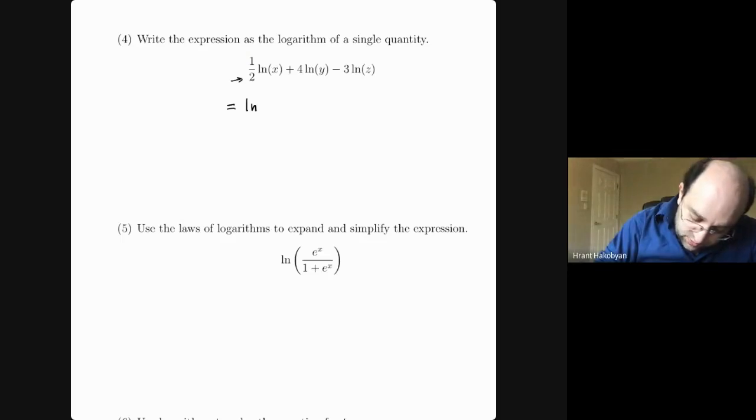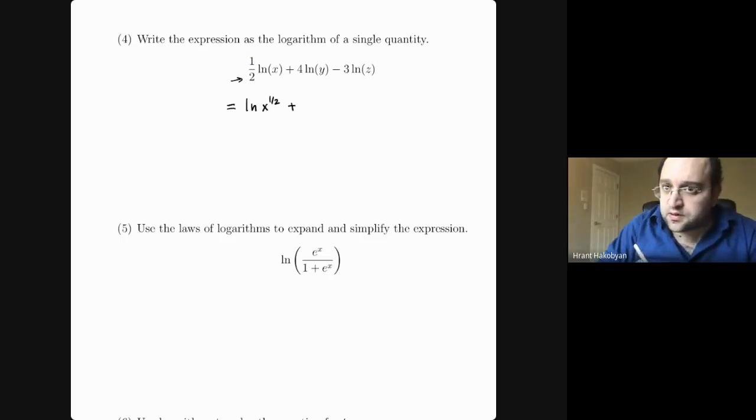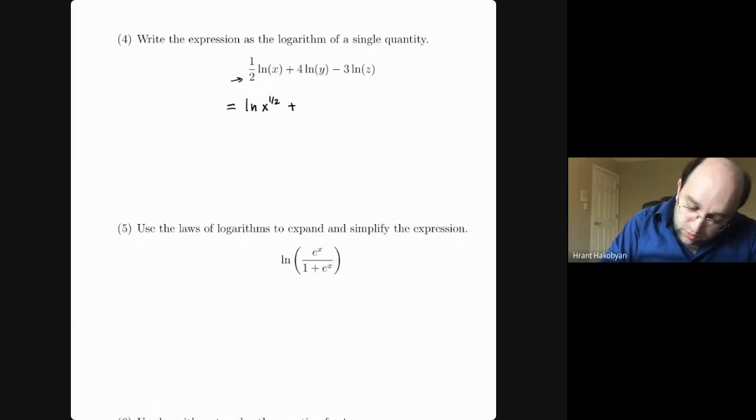So it's x to power 1/2 plus, then I have the same thing here. All of these things, this is a power, this is a power, it goes here, and this one is a power and it goes there. So I can write as logarithm y to power 4 minus logarithm z to power 3.